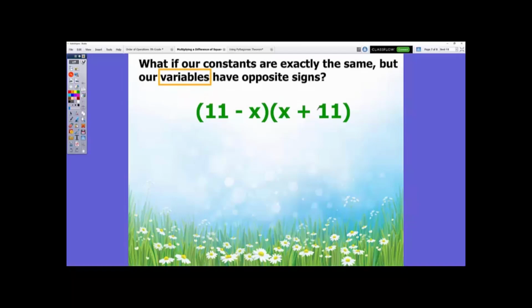So what happens this time if our constants are exactly the same, but the variables are the ones that have the opposite signs?